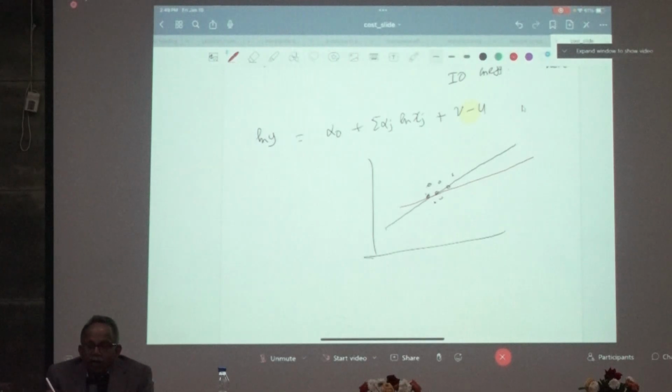But if there are points like this everywhere, then you have much better confidence in saying that, okay, the fit is robust. It's not going to be changed if I take out one point. So again, the variation in independent variable is essential for a good estimation of econometric model.